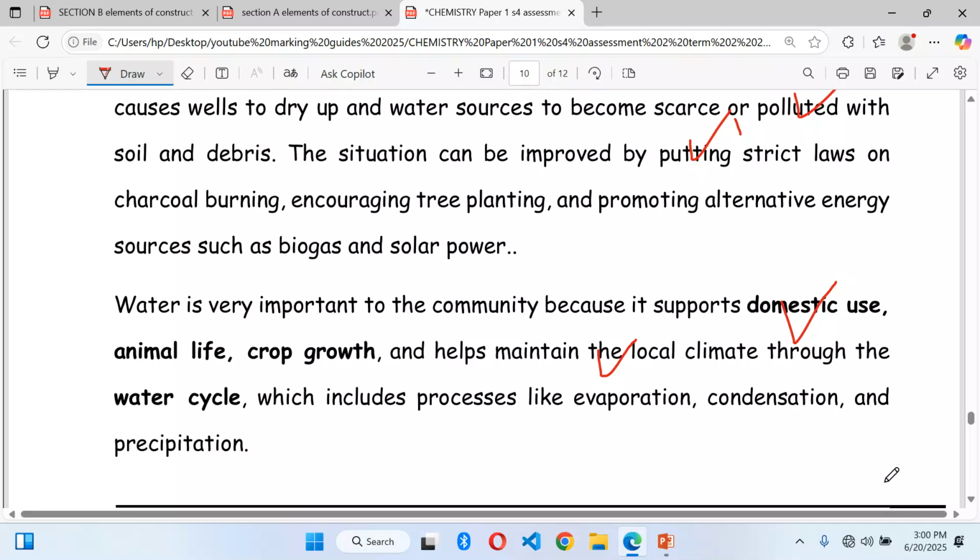So that is the importance. We are giving importance and how it occurs, plus the reason: benefit, how, and why. So for the 3 marks we have to have the benefit, how, and why.